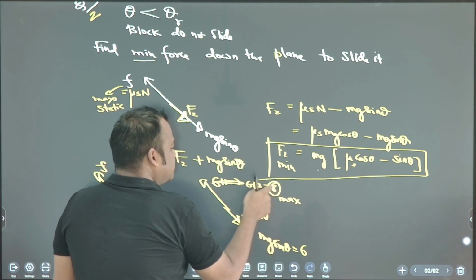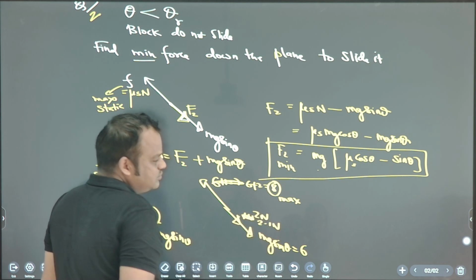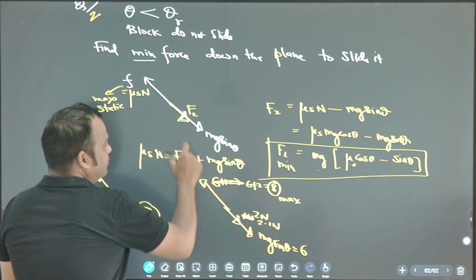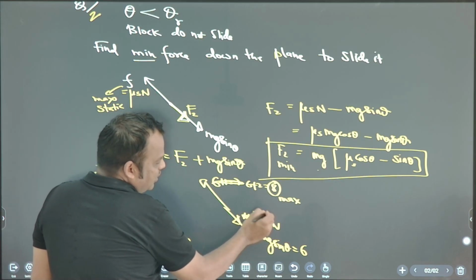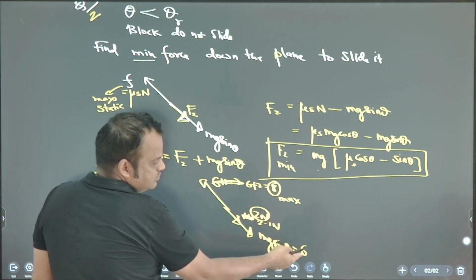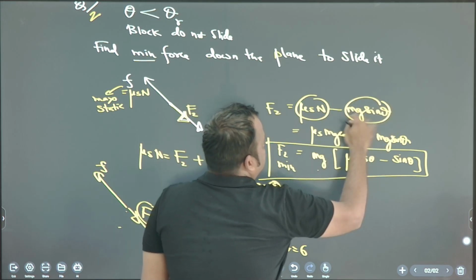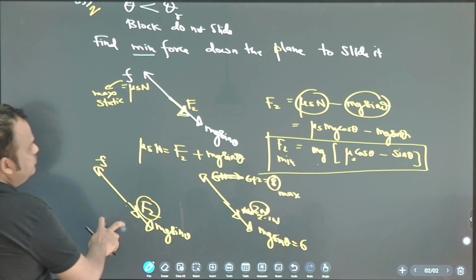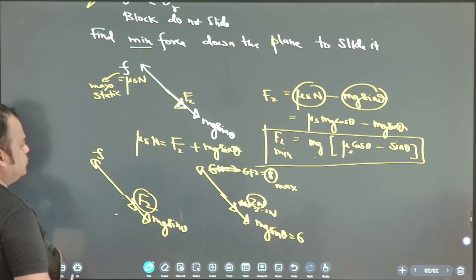So if you exert slightly more, 2.1 Newton, what will happen? The block will move, it will slide. So how are you finding this 2 Newton? 8 minus 6. Maximum friction minus mg sin theta. Correct? So this is the answer. Note down. So minimum force down the plane to slide.